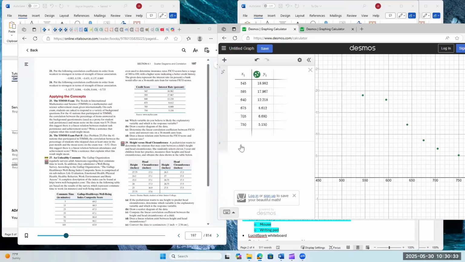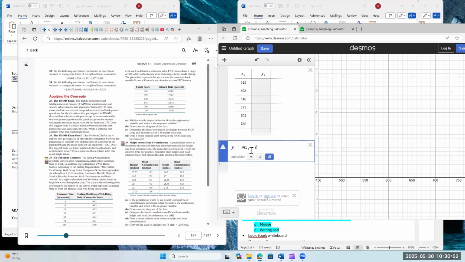And to draw the regression line, all I have to do is enter an equation, but I'm not going to use an equal sign. I'm going to use a tilde. So if I forgot and I accidentally typed y1 equals, and I'm just going to use standard mx1 plus b.